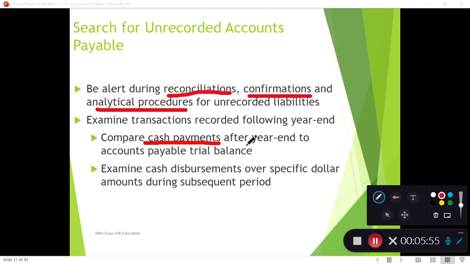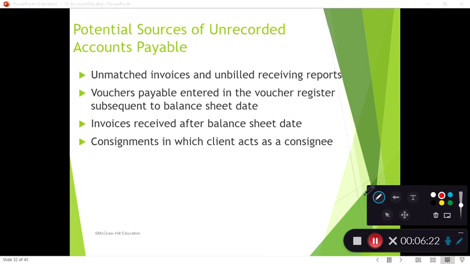So the question is, do we see any cash payments to vendors that aren't shown as a liability as of the trial balance date, the fiscal year end date? Did they make a payment to the vendor, but somehow did not record it as an account payable at the year end? That's a good test to evaluate unrecorded accounts payable.